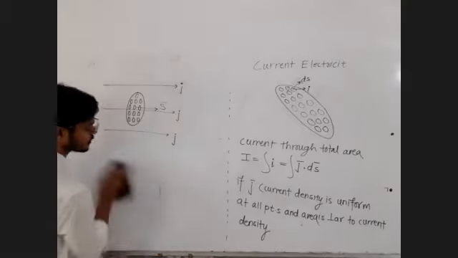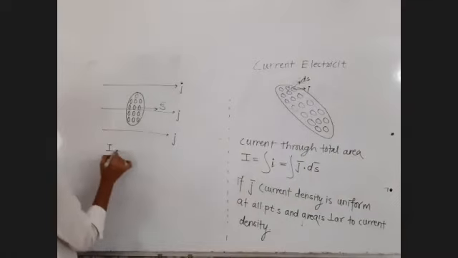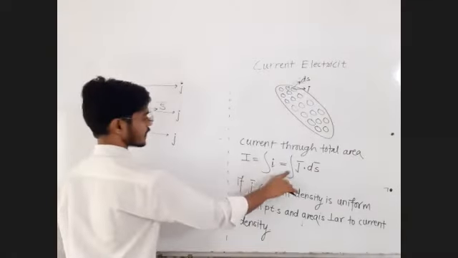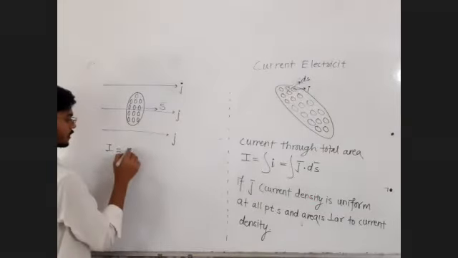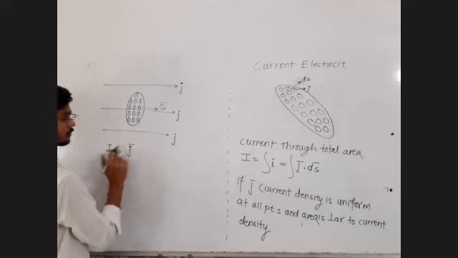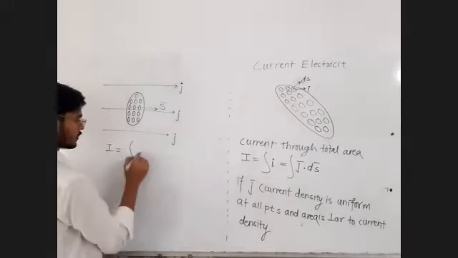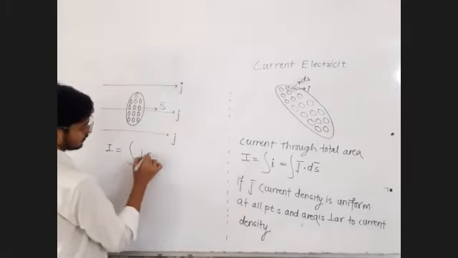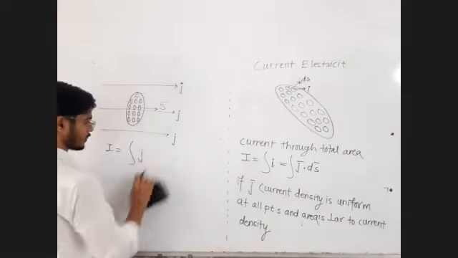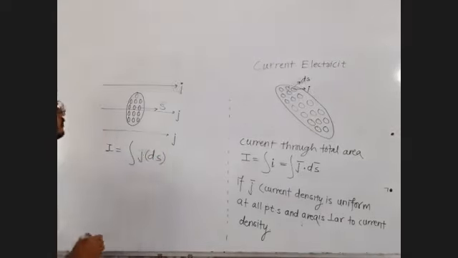But current density is uniform at all the points, and the area is perpendicular to the current density. In that case, the total current through this area will be equal to this integration as it is, but this J bar is a constant, can be taken out of integration. This integration is magnitude of first vector into magnitude of second vector into cos of angle between them.